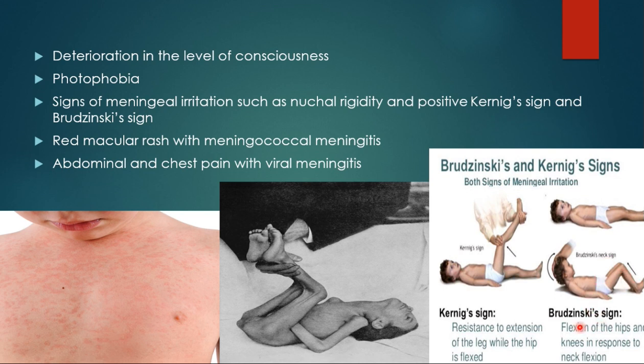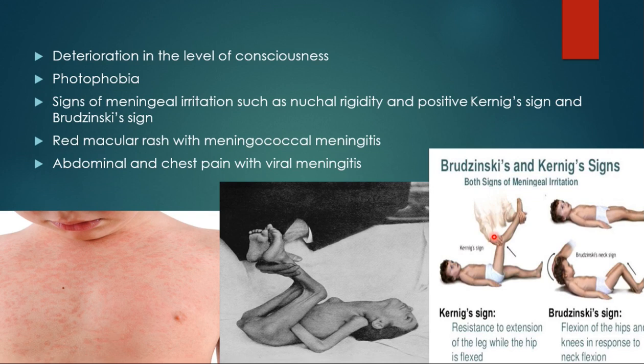Okay, so we can see the Brudzinski sign. What will be there? The flexion of the hips and the knees in response to neck flexion. When we do the neck flexion, there will be an involuntary flexion of the hips and the knees. This is the positive Brudzinski sign. Clear?